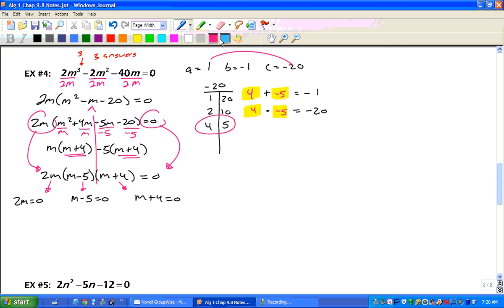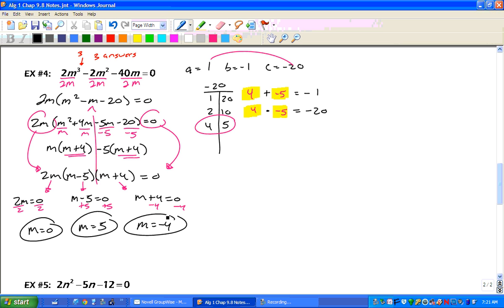Okay, so each one of those, there's something that you have to do to solve. Okay, and when you finish that up, you should get m equals 0, m equals 5, and m equals -4.